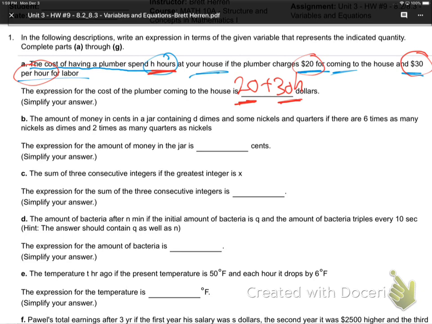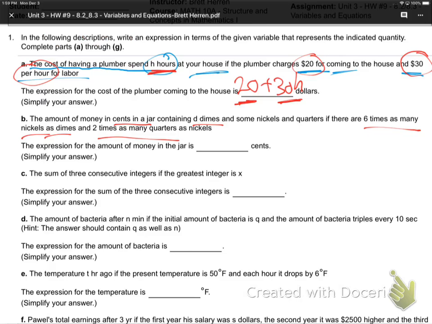All right. The amount of money in cents in a jar, D dimes, and you got some nickels and quarters. 6 times as many nickels as dimes, and 2 times as many quarters as nickels. That's confusing. Let me rewrite it over here. So I'm going to write 1B. What are the key facts? D dimes.